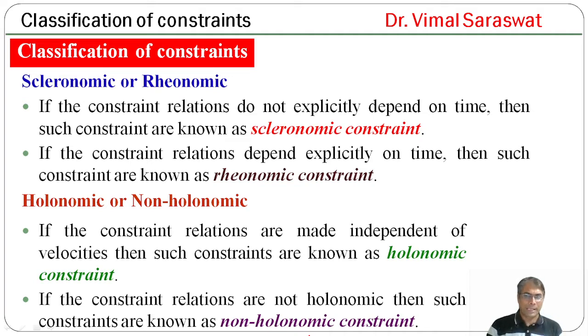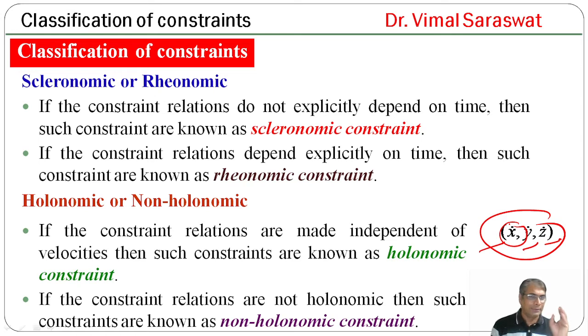So, holonomic constraints are independent of velocities and non-holonomic constraints depend on velocities. It means holonomic constraints are independent of x dot, y dot, z dot, where x dot is dx by dt, y dot is dy by dt, and z dot is dz by dt. These are the components of velocity along the x, y and z directions respectively.